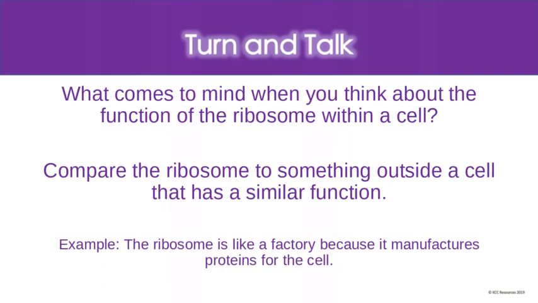For this one, the ribosomes are kind of like a factory because it manufactures proteins. So ribosomes make proteins. But if you need an image in your mind, you can think of a ribosome factory making proteins, which might help.